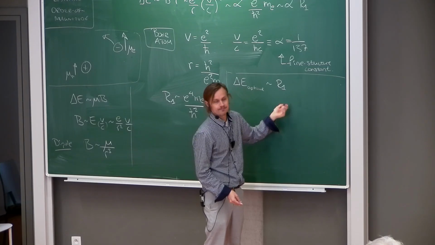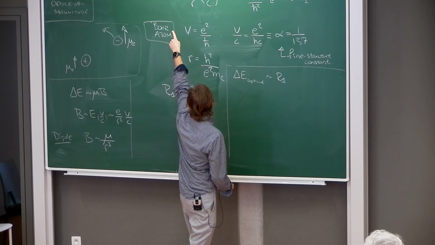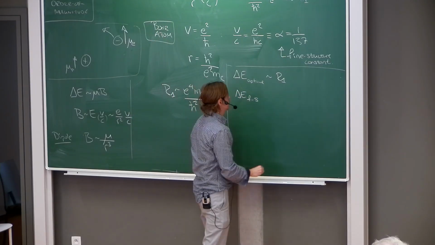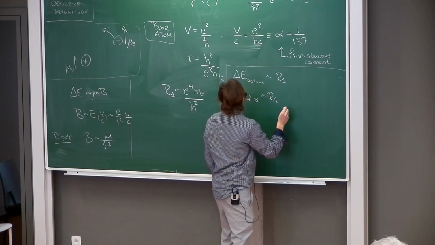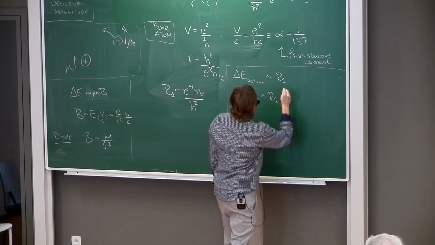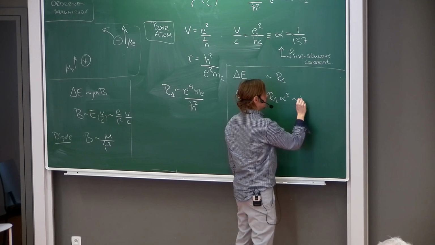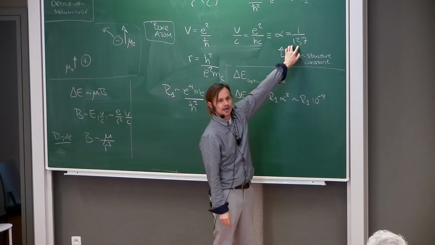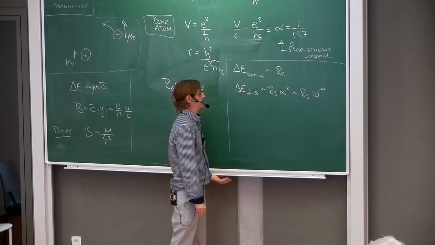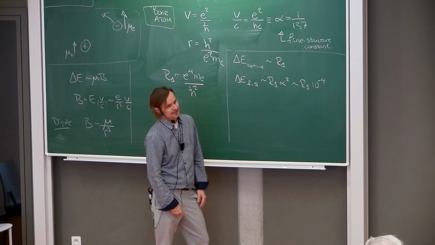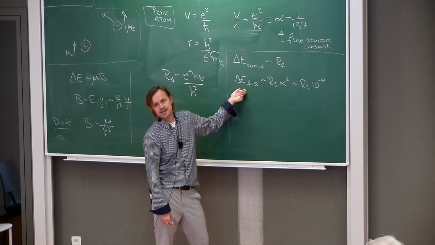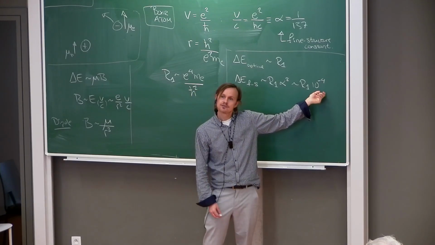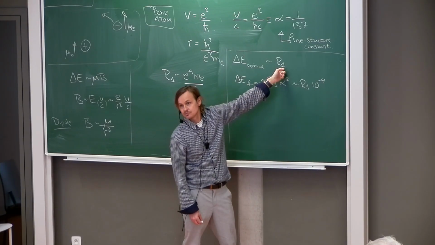So what you can see there is that the fine structure levels go with the Rydberg times alpha squared, which is then on the order of Rydberg times 10 to the minus 4. This is 1 over 137, so squared would be there. So this means that the order of magnitude energies for the fine structure level transitions will be on the order of 10 to the minus 4 times the optical ones that we have discussed so far.